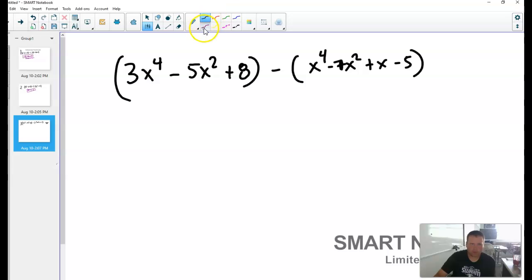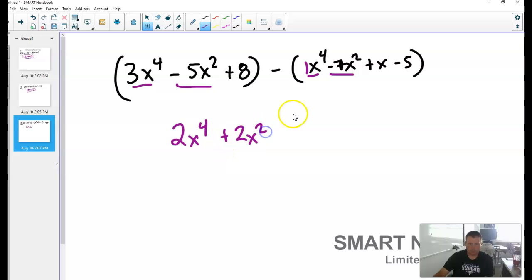Okay. So when I go to subtract these, I'm obviously going to subtract these first. So I've got 3 minus 1. Remember, there's a 1 here, which is going to give me 2x to the 4th. Then I'm going to go to my squared terms. I got negative 5 minus a negative 7. So there's that rule. Minus negative becomes plus. So negative 5 plus 7, which is going to give me positive 2x squared.